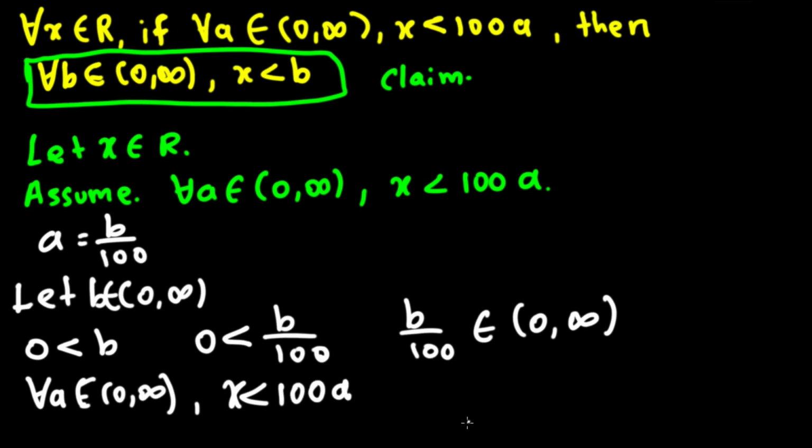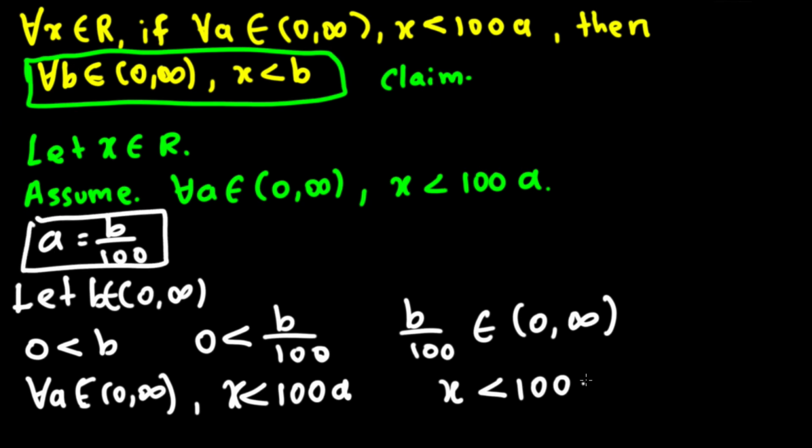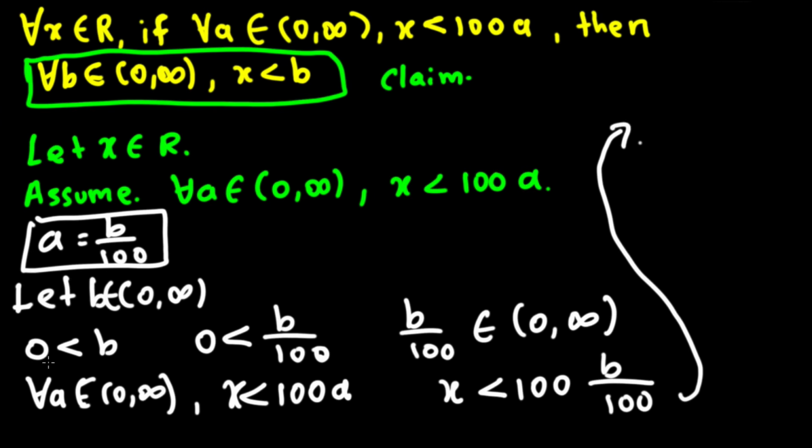And we know that b over 100 belongs to 0 to infinity, and we know that x is less than 100 times a, where a is equal to b over 100. So instead of a, I multiply by b over 100. Let's continue here. So if we multiply, we will get x is less than b.